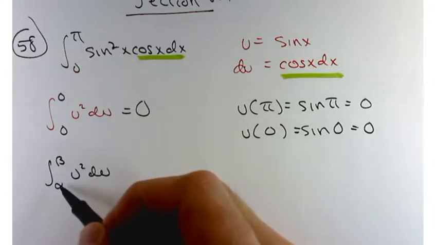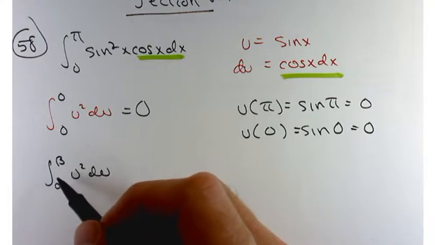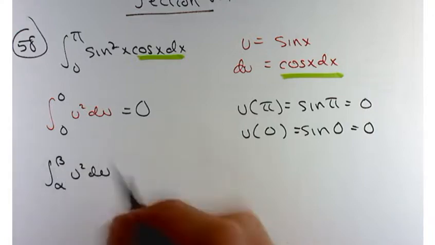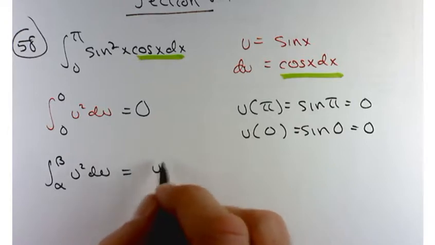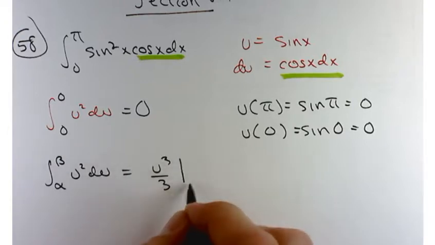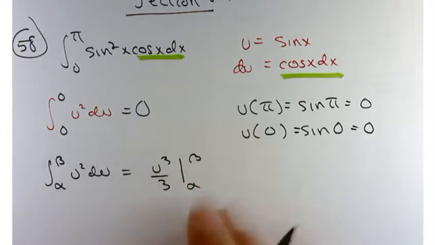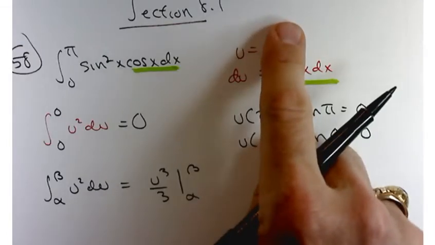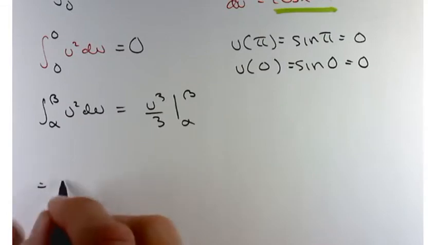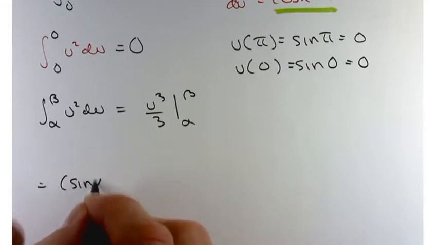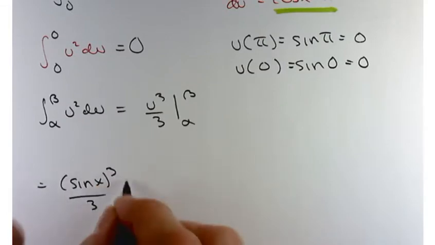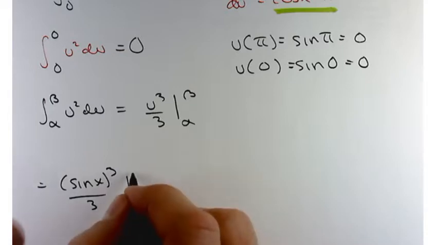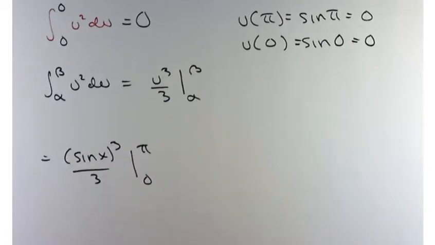So what you should do is plug in some dummy variables or constants until we get back to the units of x. So this becomes u cubed over 3 between alpha and beta. And then you say, okay, well, this was really just taking the place of sine of x. So then you go back and say, all right, well, that's sine of x cubed over 3. Now I can plug in the original units, 0 to pi. So what happens now?